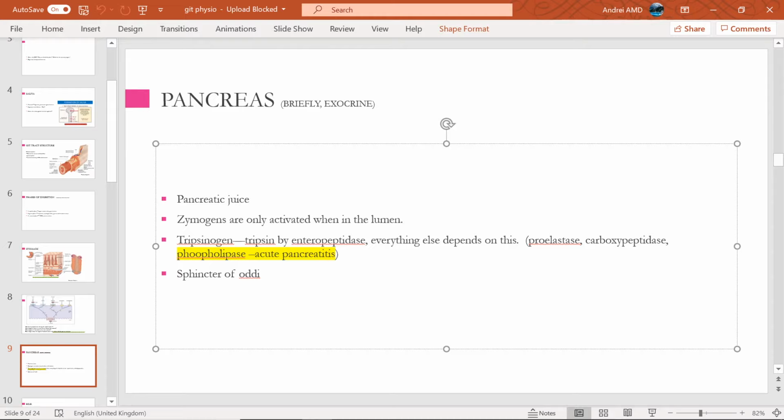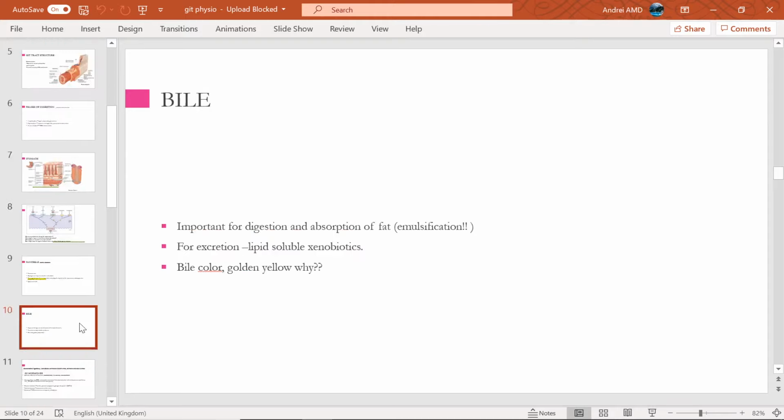Okay, and bile also, I will talk briefly about this. Bile is also important for digestion, especially for fat, and it does emulsification. This word is probably from biochem. And what else is important? It's important for excretion of lipid soluble xenobiotics.